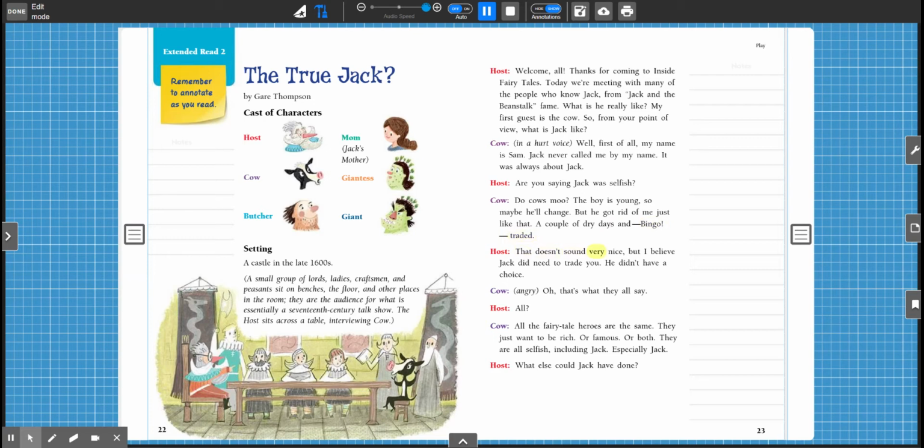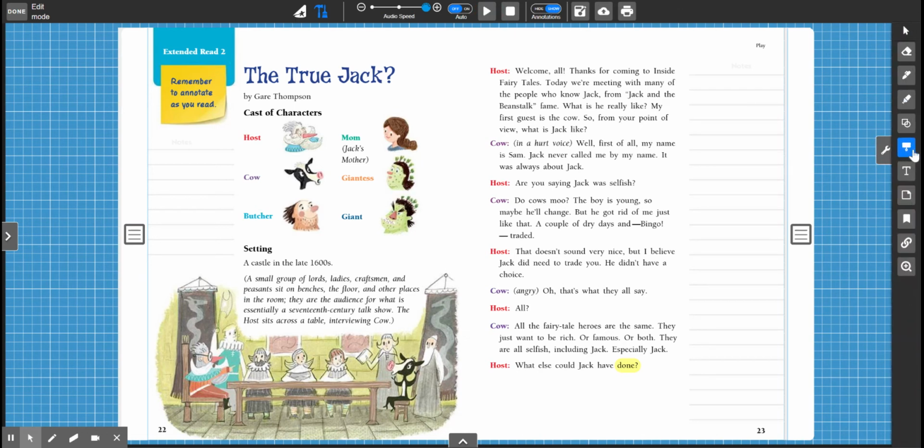That doesn't sound very nice, but I believe Jack did need to trade you. He didn't have a choice. Oh, that's what they all say. All? All the fairy tale heroes are the same. They just want to be rich, or famous, or both. They are all selfish, including Jack, especially Jack. What else could Jack have done?